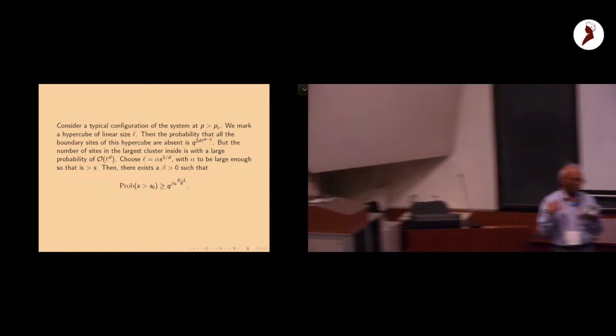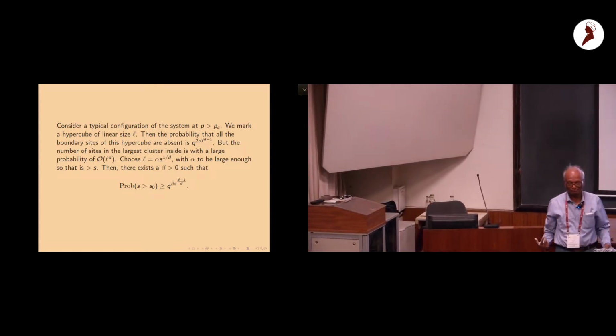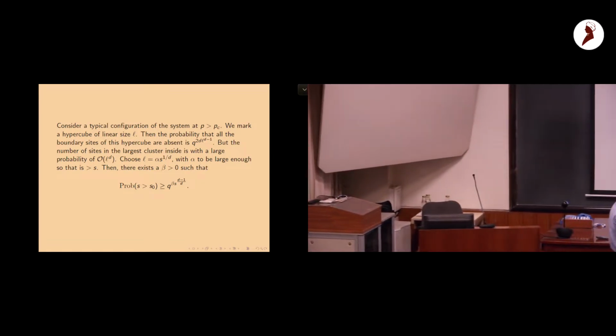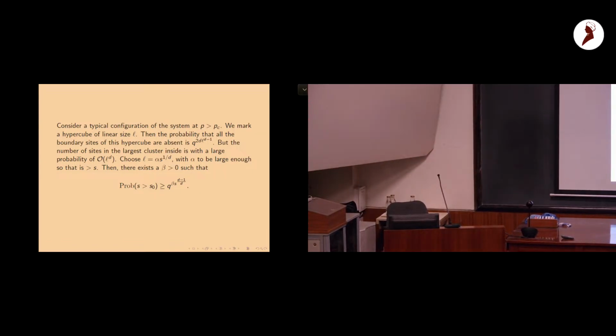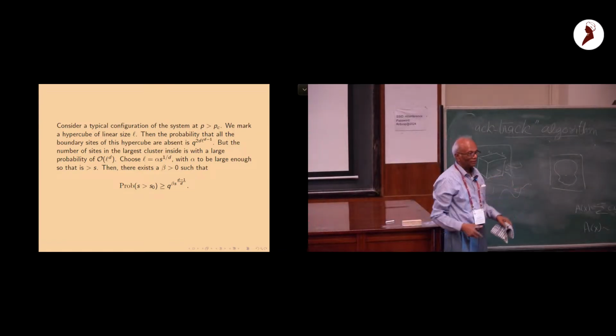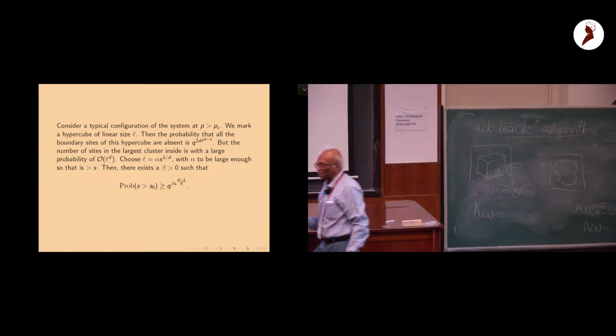So it's q to the power surface of the hypercube. Now, if the origin is inside this, I can put this hypercube somewhere such that it encloses the origin. Then the cluster you make will be of size less than or equal to L to the power d.